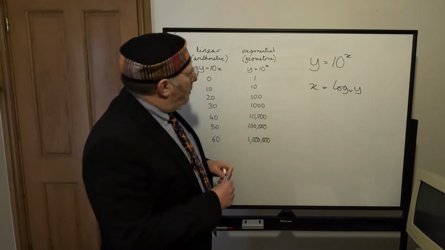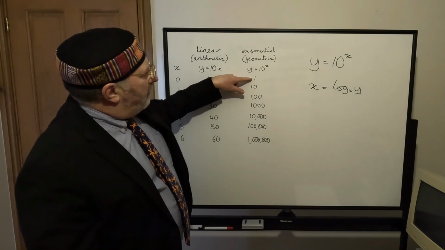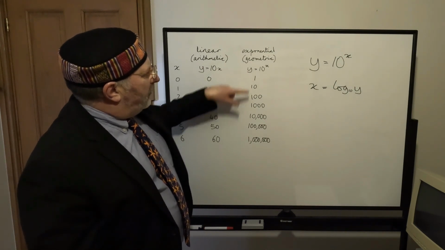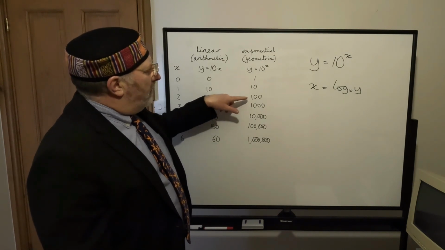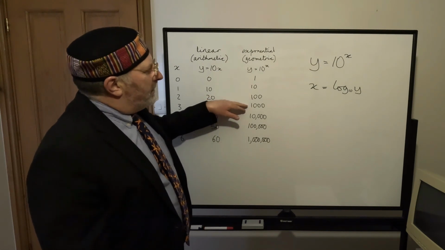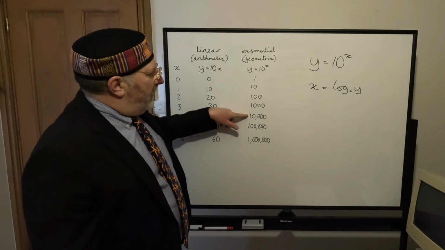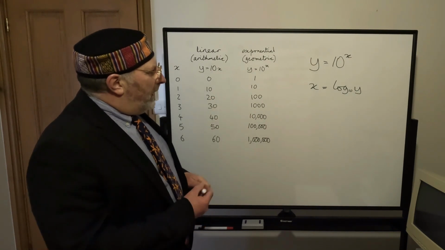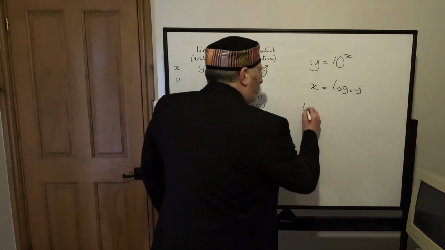And we can see here with these numbers then, the logarithm to the base 10 of 1 is 0, the logarithm to base 10 of 10 is 1, the logarithm to base 10 of 100 is 2, the log to base 10 of 1,000 is 3, and then 4, and so on. But we can have logarithms for arbitrary numbers.